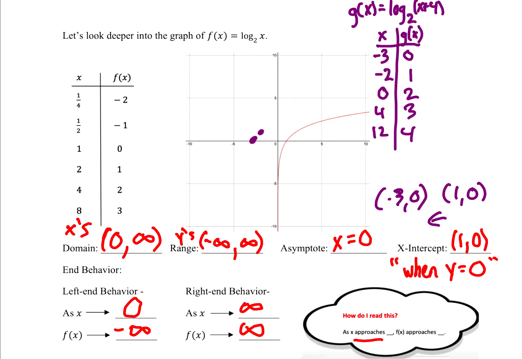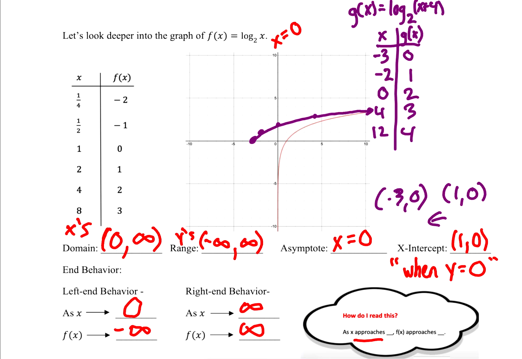So we have here 0, 2 would be here. 4, 3 would be here. So it would look like this. And since it's moving to the left 4, our asymptote is no longer x equals 0, like it is for just the parent function log base 2 of x.